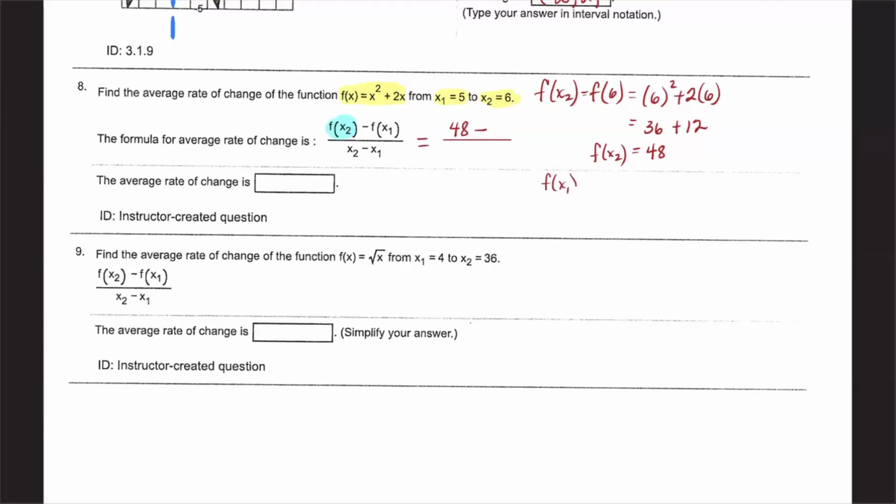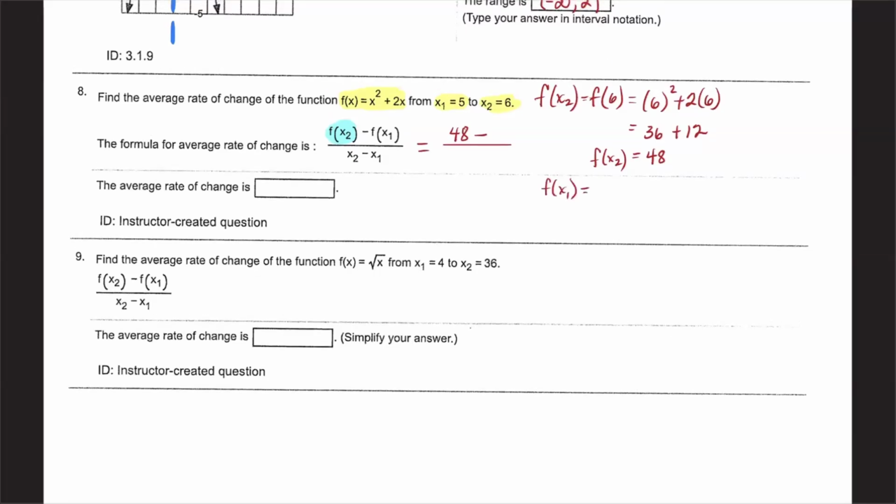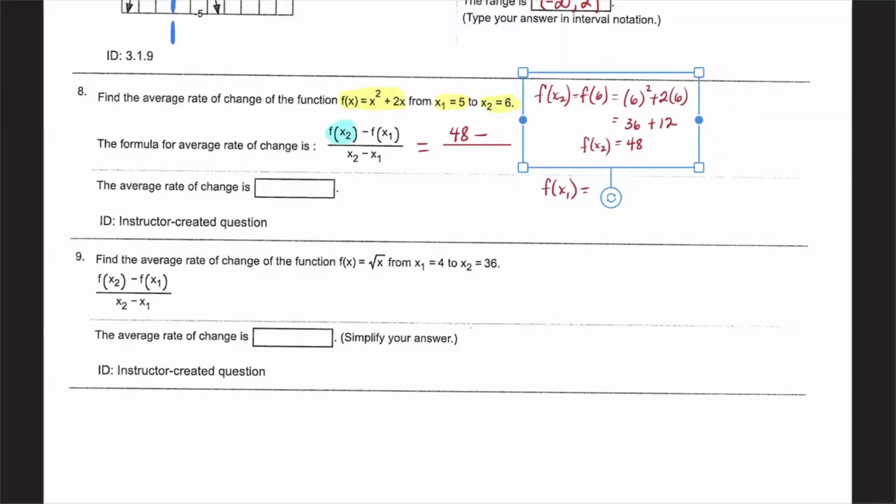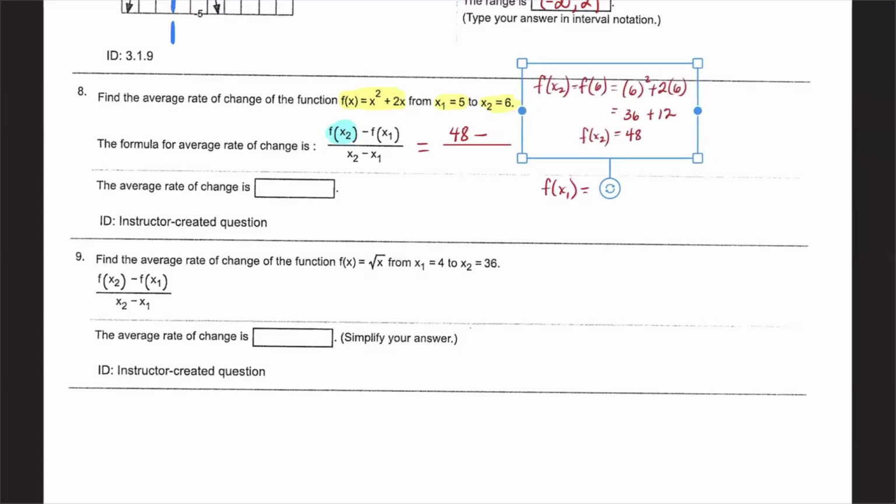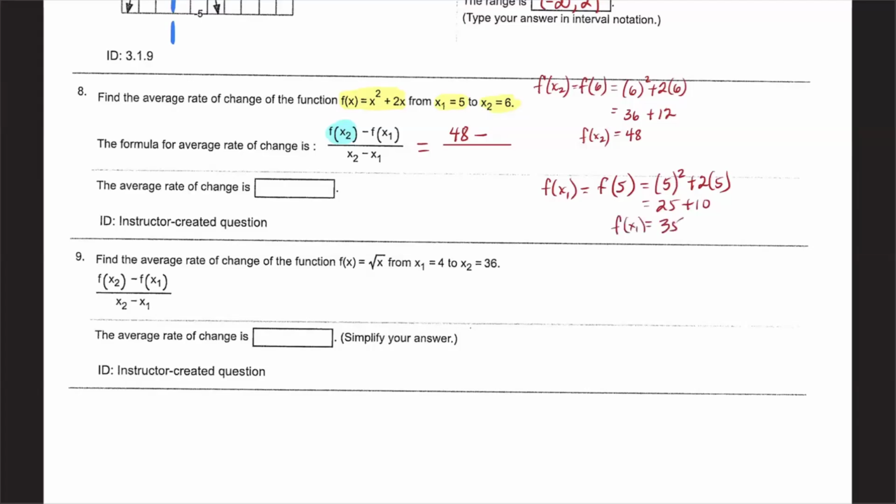When I say sub, it means subscript 1. f of x sub 1 equals f of, well, what is x sub 1? 5. So f of 5. Let's plug a 5 into the expression here. So that's 5 squared plus 2 times 5, which is 25 plus 10 or 35. So f of x sub 1 is 35.